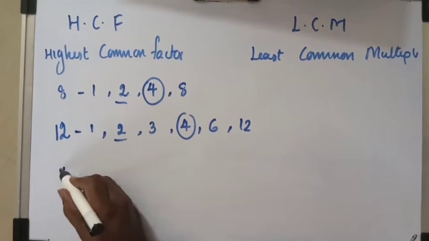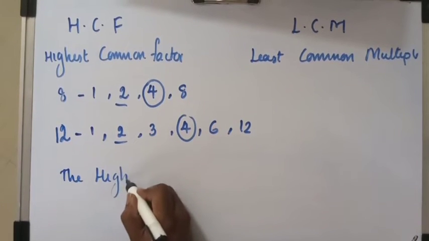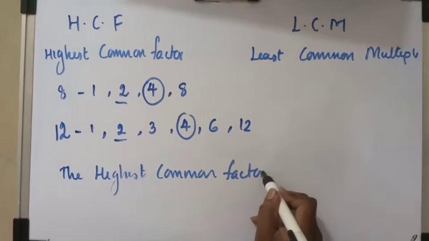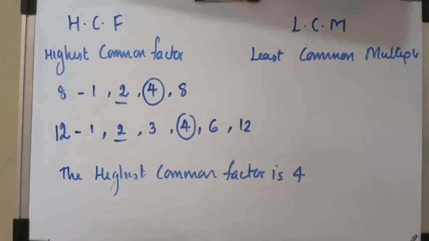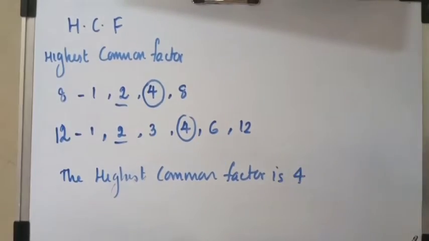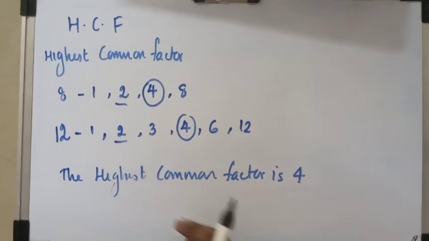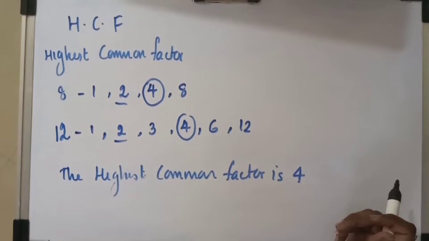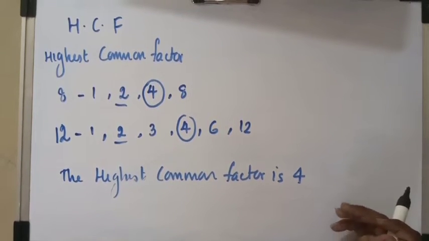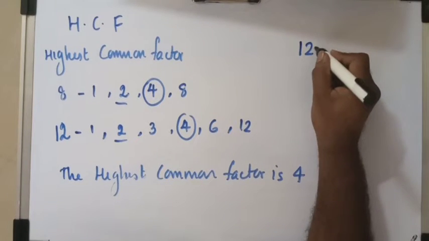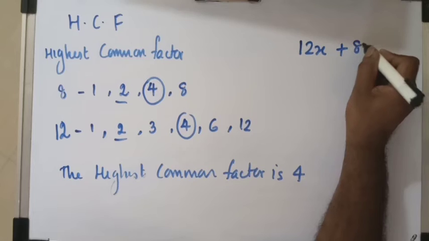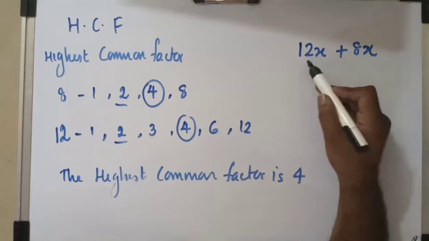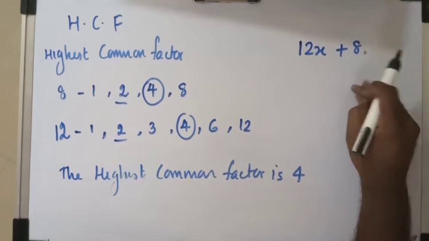So I will write down the highest common factor is 4. Children, most probably now you'll be asking me, how is this going to be useful to me when I solve these sums? Whenever you solve an algebraic sum, at that time you have to remove a common factor. Say you have an algebraic sum 12x plus 8x. You need to remove a common factor outside.